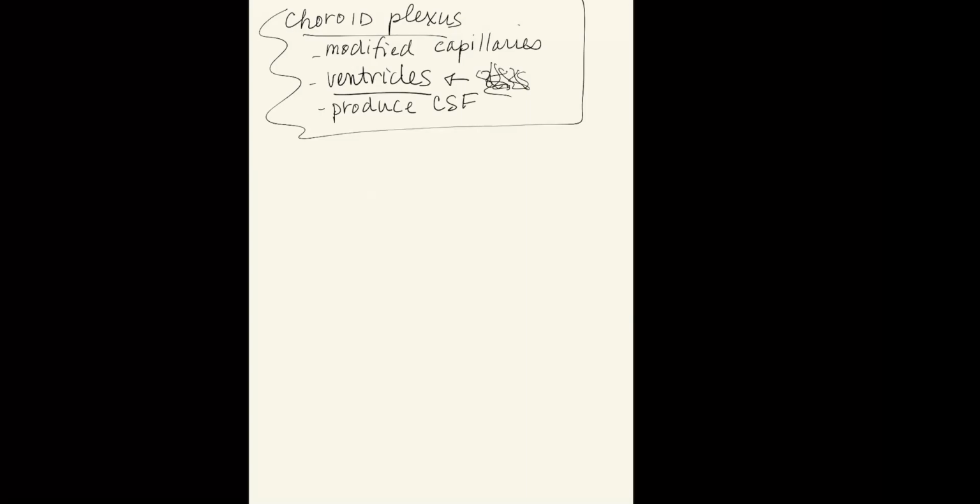And then what are the arachnoid villi? Okay, so the function of the arachnoid villi is to reabsorb cerebral spinal fluid. So we keep making it all the time. We make about 500 milliliters a day.